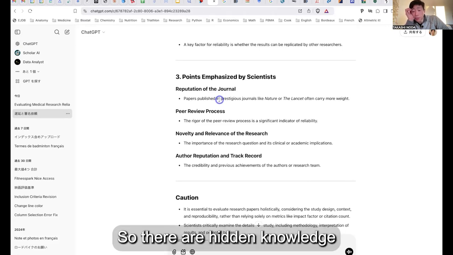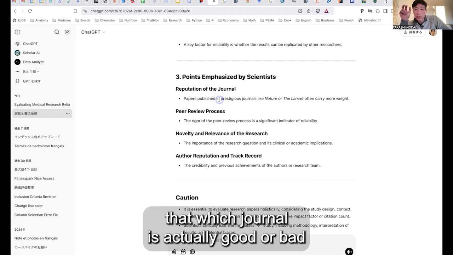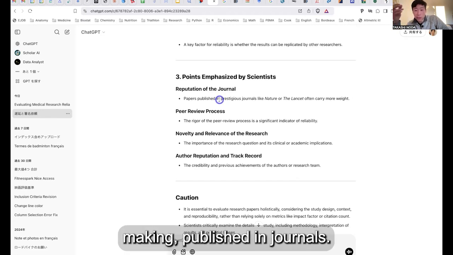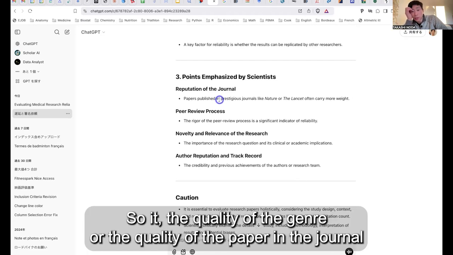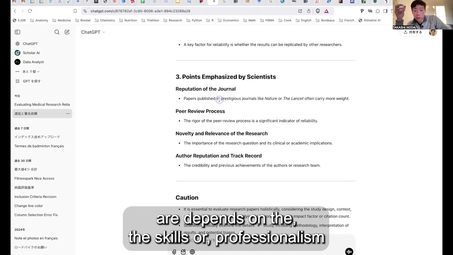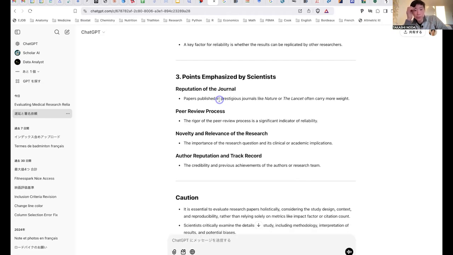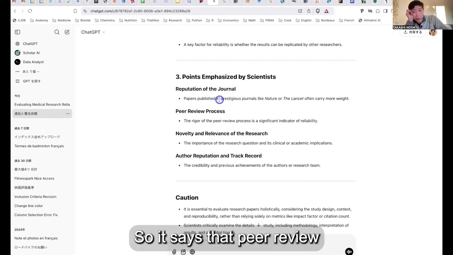There is hidden knowledge about which journals are actually good or bad, because it is humans who make and publish the journals. The quality of the journal, or of the paper in the journal, depends on the skills and professionalism of the editors and reviewers. There is also the peer review process.